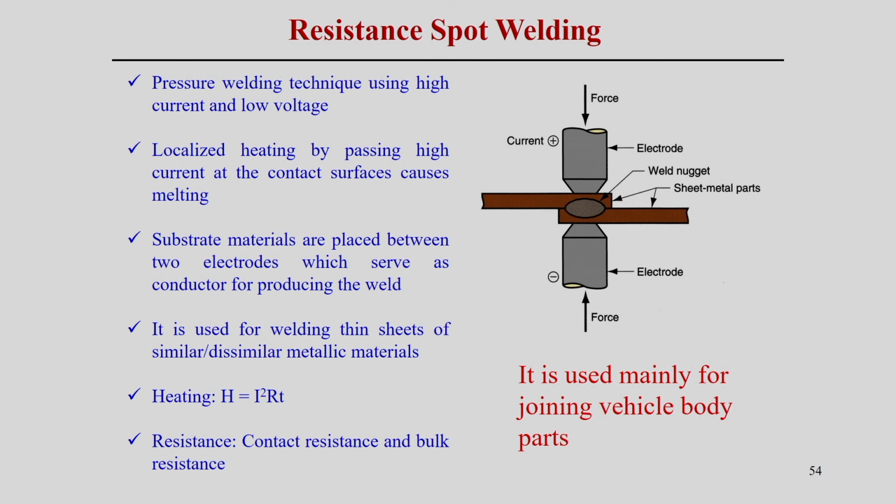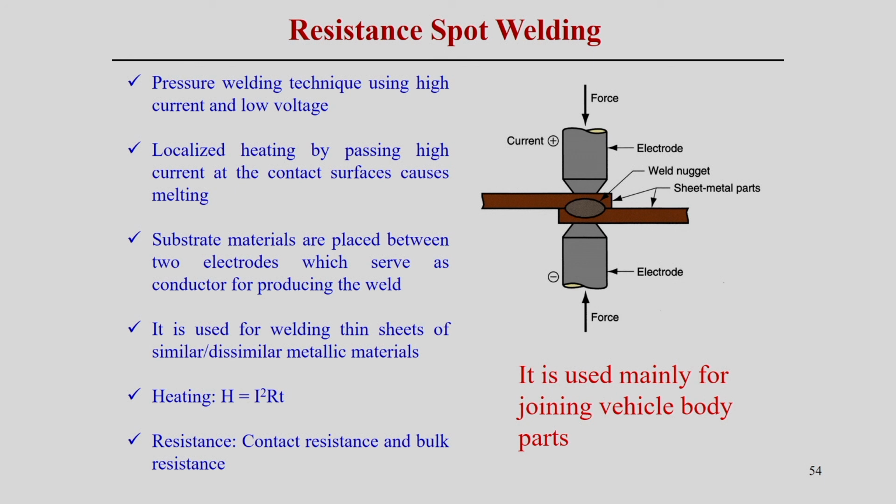So, localized heating by passing a high current at the contact surfaces causes melting in this process, and the substrate materials are placed between the two electrodes, which serve as conductors for producing the weld. Normally we use highly conductive electrodes.